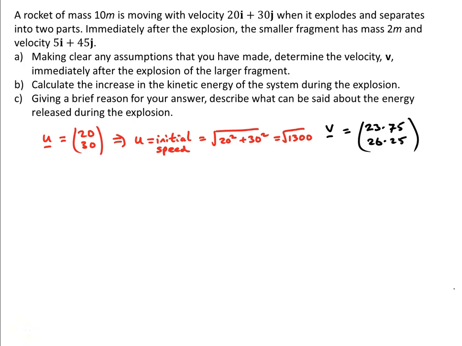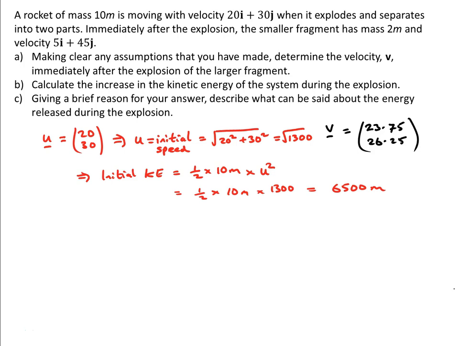The kinetic energy before the explosion is therefore a half times the mass of the rocket, which is 10m, times u squared, which gives us a half times 10m times 1300, or 6500m.